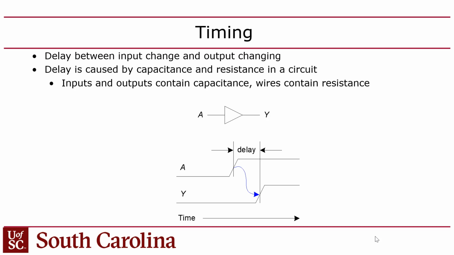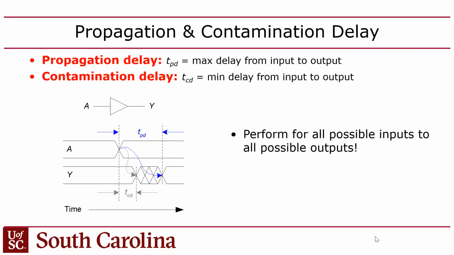So that's the delay through the logic gate, and there's actually 2 delays you have to worry about: the earliest possible delay and the latest possible delay. The earliest is contamination delay and the latest is propagation delay. So a logic gate or a logic circuit will have both a contamination and a propagation delay that defines the range of times you can expect the output to change as a result of the input changing, right? You guys with me?